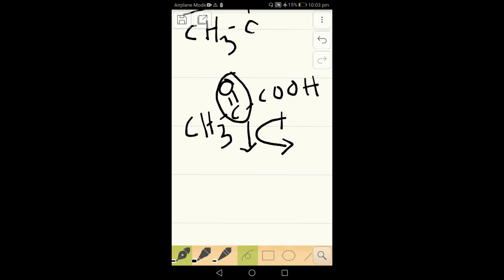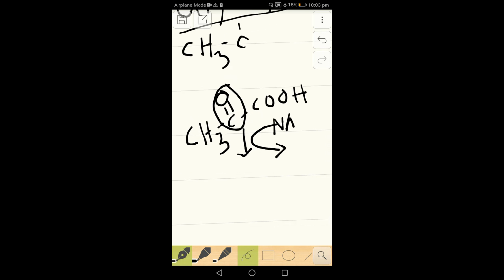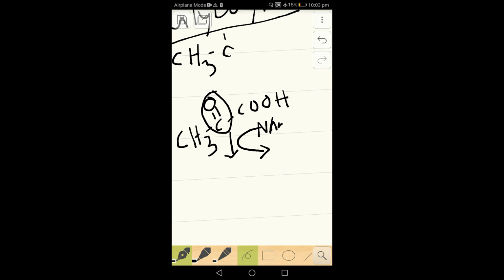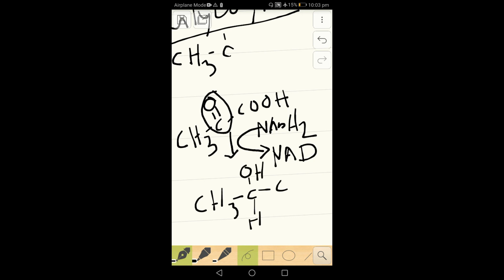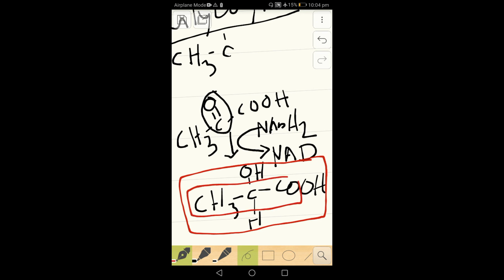So the NADH would turn into NAD and reduce the ketone group to a secondary alcohol group, CH3 CHOH COOH, which is what we call lactic acid. The number of carbon atoms remains the same because we don't have a decarboxylase enzyme in our cytoplasm.